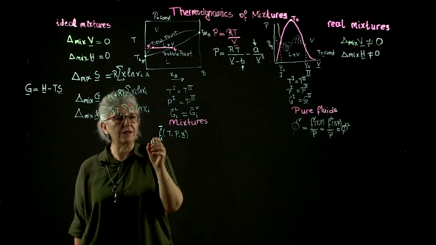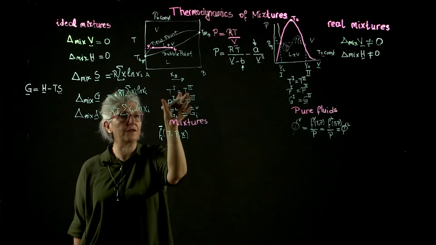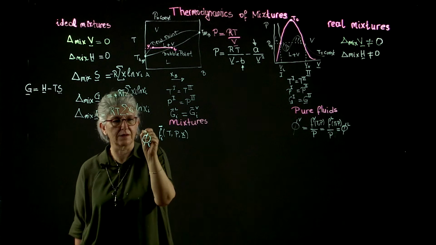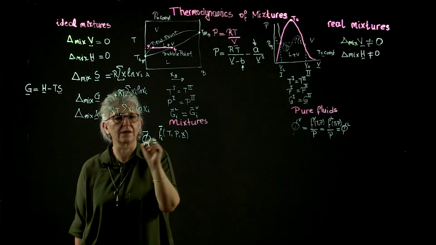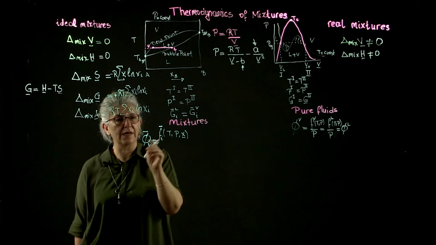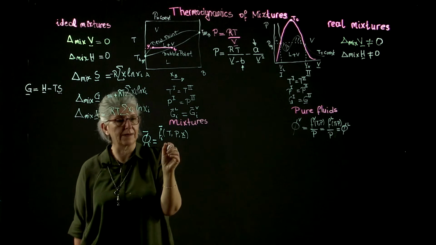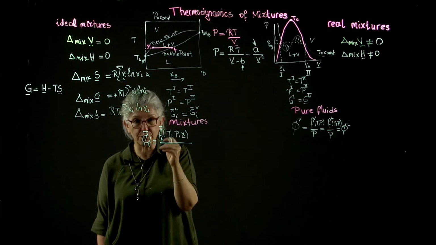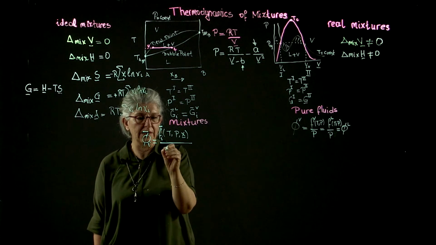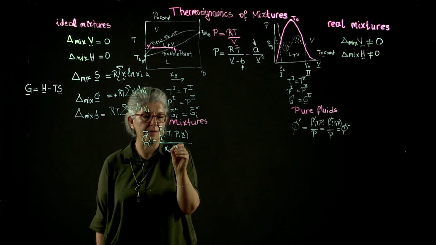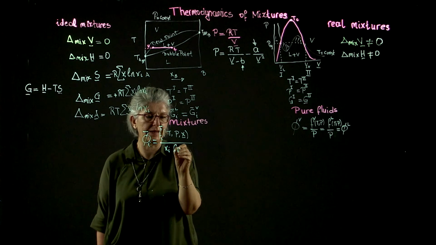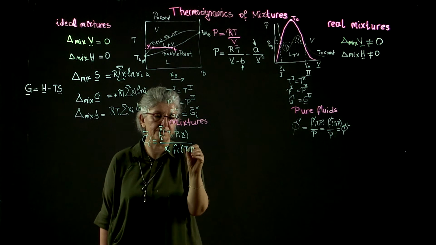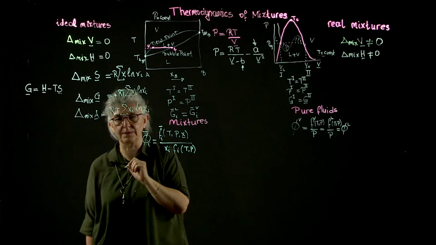The fugacity coefficient of the mixture is going to be Fi, but this is going to be relative to its pure component, Xi times Fi of T, P. All right?